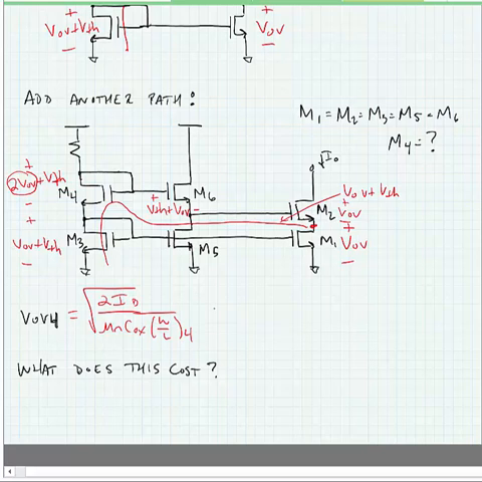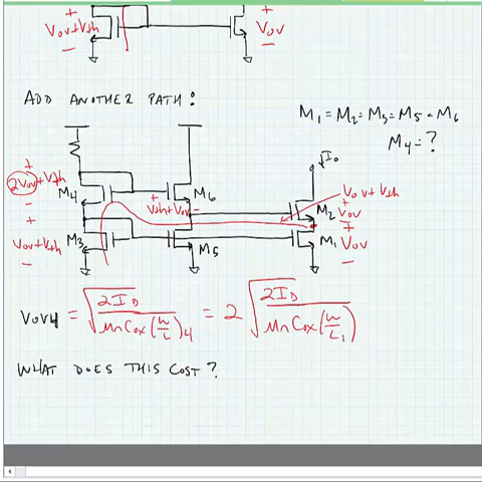If we want this to be twice the overdrive voltage of all the other transistors, we simply need to multiply this by 2, and if we solve this out, we would show that W over L4 is equal to 1/4 of the W over L of all the other transistors.